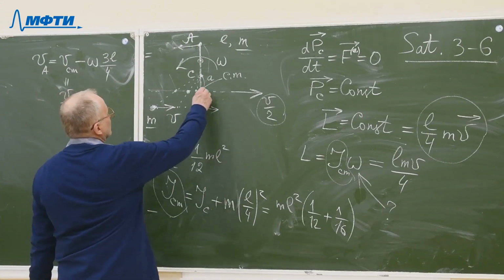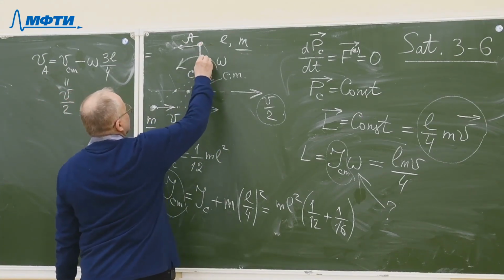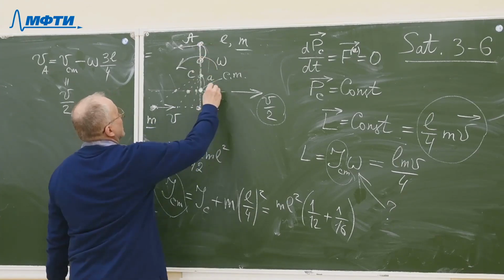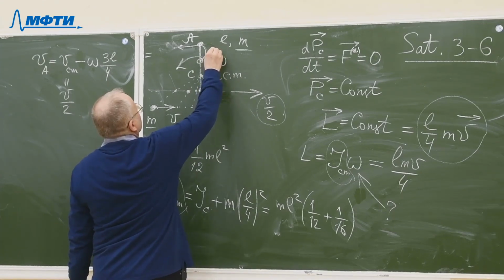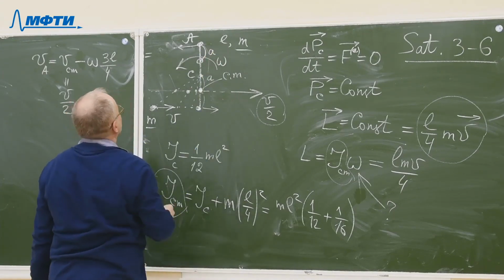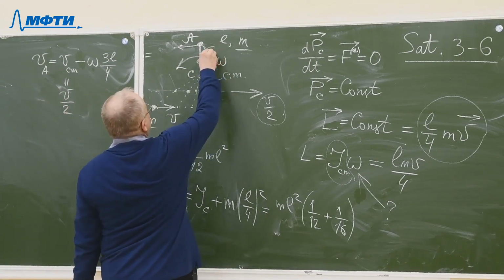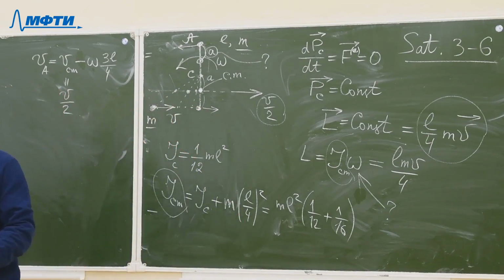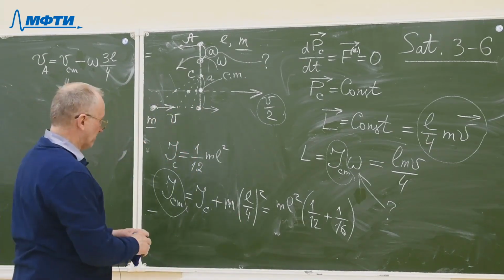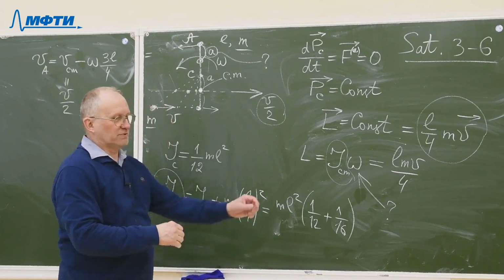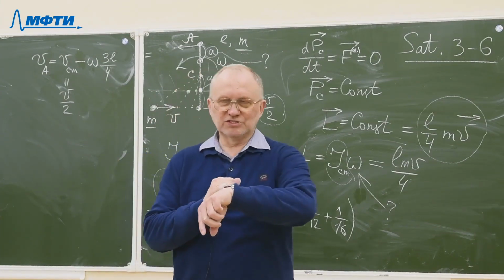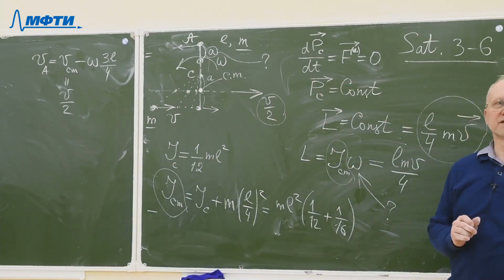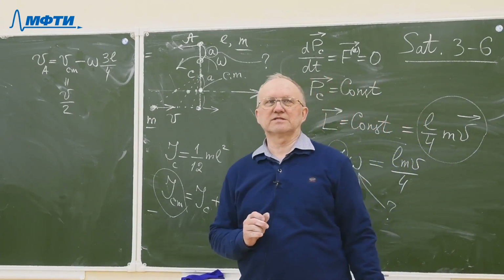And knowing the velocity of this point and this point, you will easily find the position of the point which will remain at rest. That is the distance a. You can easily find this quantity. Please do this at home. Similar problems will be offered to you both during the written test and written exam in physics and oral exam in physics.